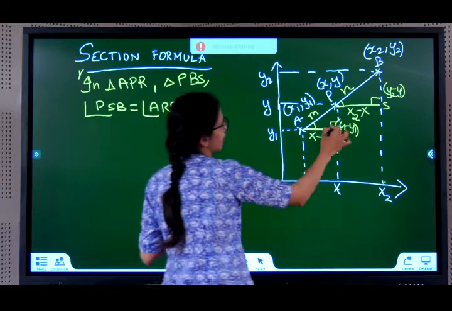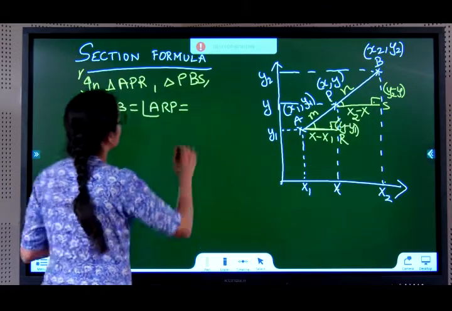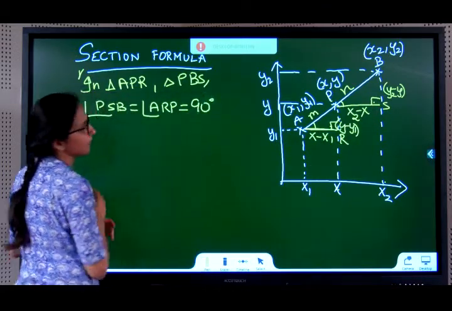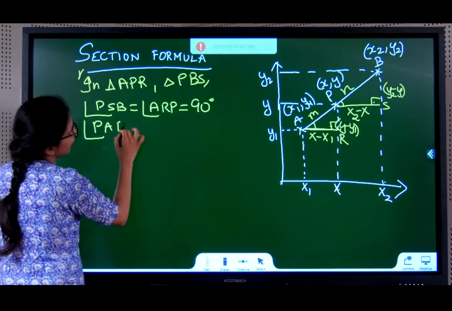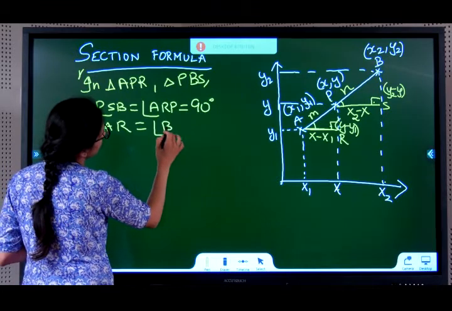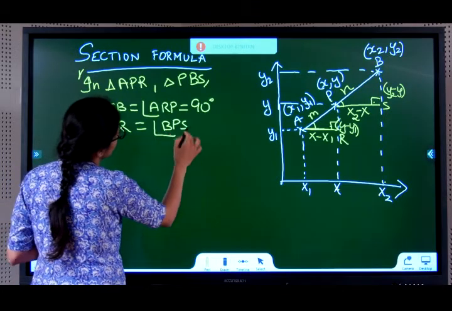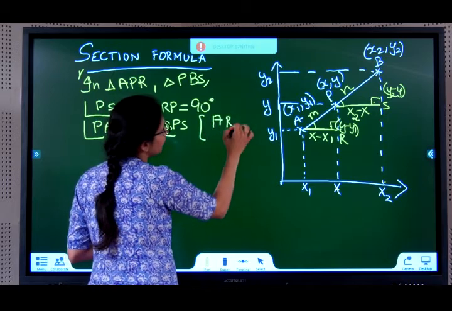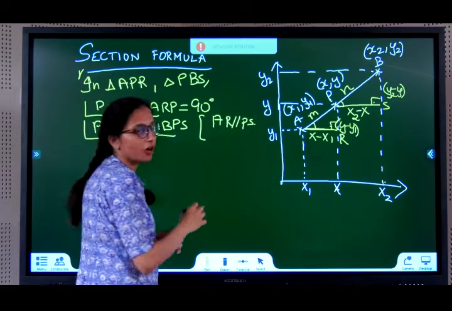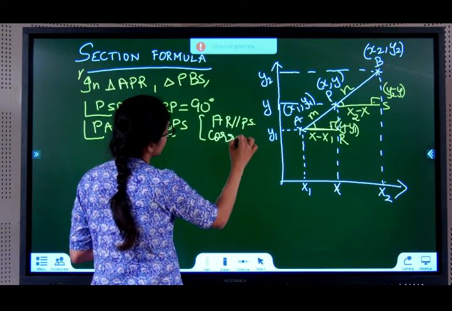This angle and this angle are equal because they are equal to 90 degrees. Angle PAR is equal to angle BPS. Why? Because AR is parallel to PS and it forms corresponding angles.